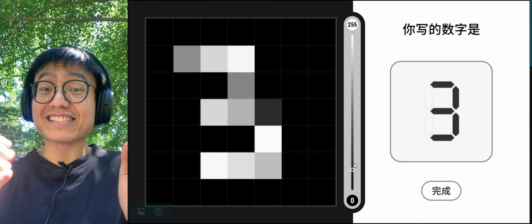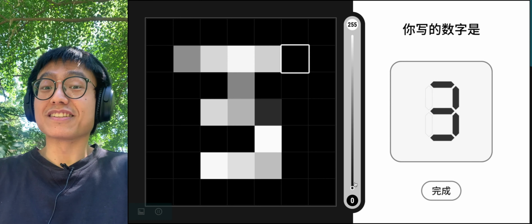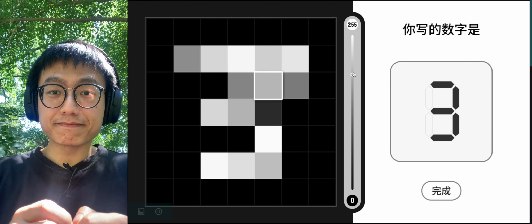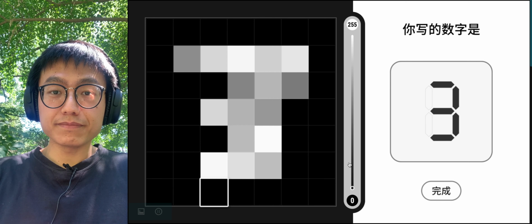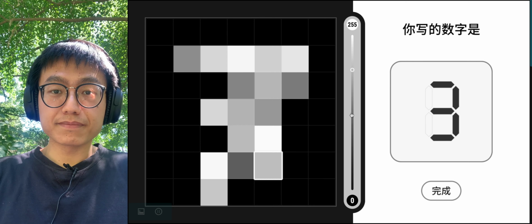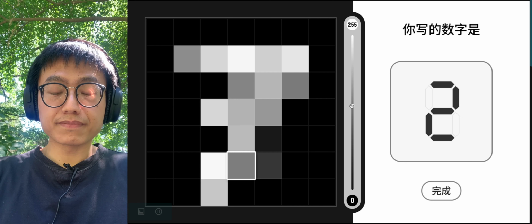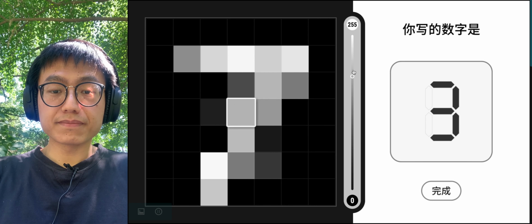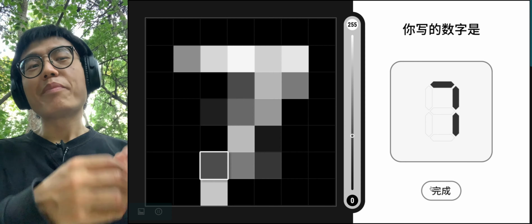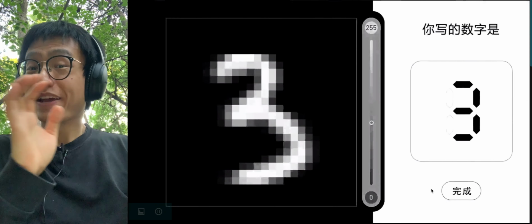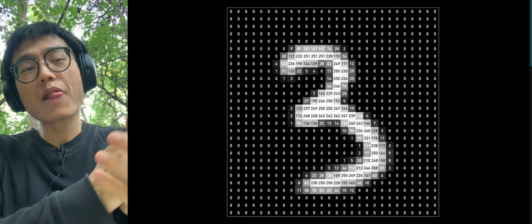Now, let's adjust this 3 to 7. By adjusting the value of each pixel, we can represent a picture with 784 numbers corresponding to 784 squares.